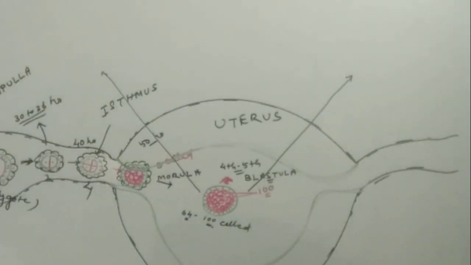This structure converts into the blastula, which is known as the blastocyst, and the process is known as blastulation.